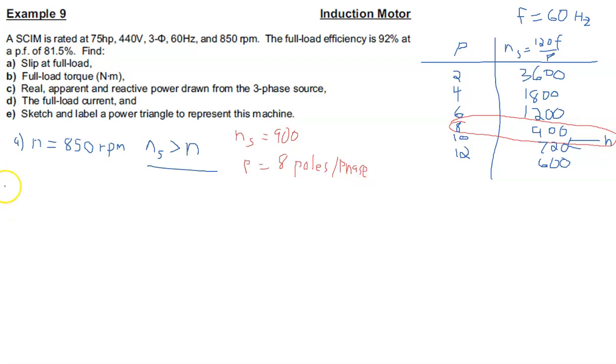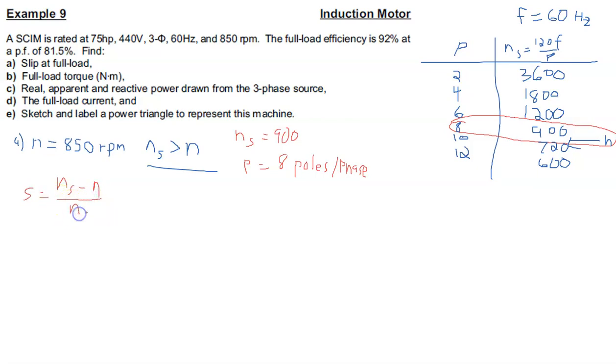Okay, so if we're going to calculate the slip, we want to call it S, and slip is equal to NS minus N for slip speed in RPMs.